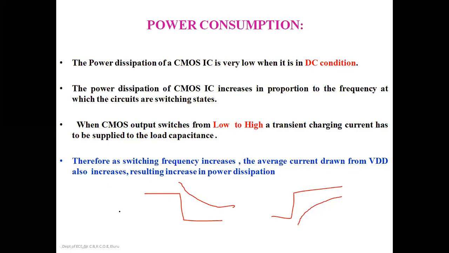Why? Because when the output is switching between the states, it draws more current from the VDD, and because of that, it increases the power dissipation. So this is one of the sources of how power will be dissipated in digital ICs.